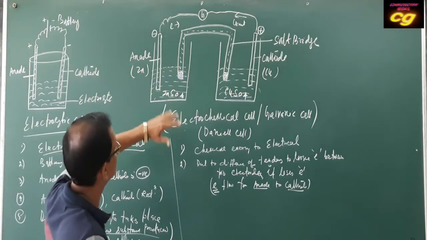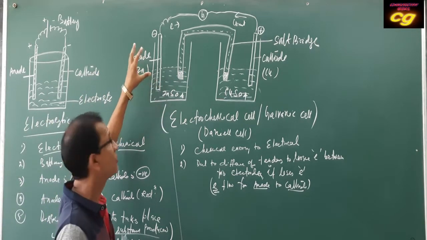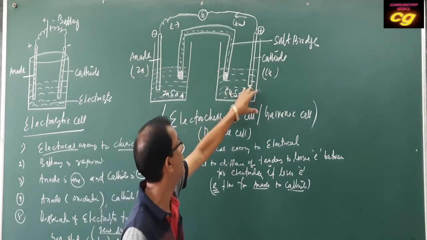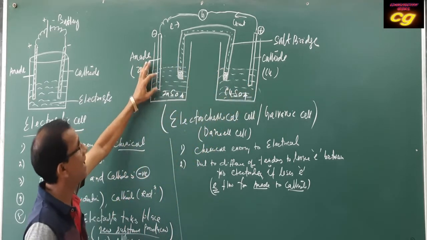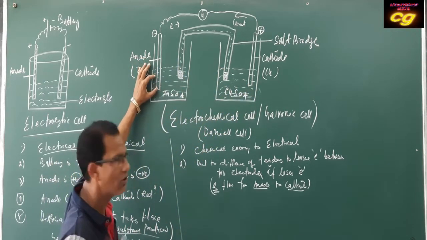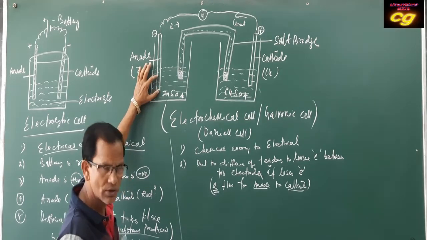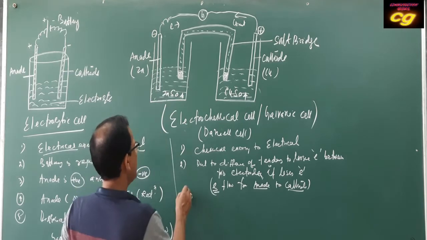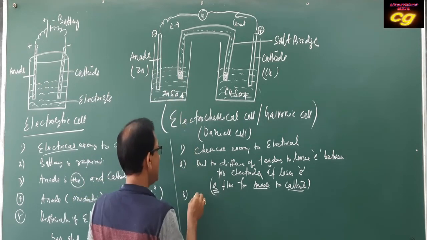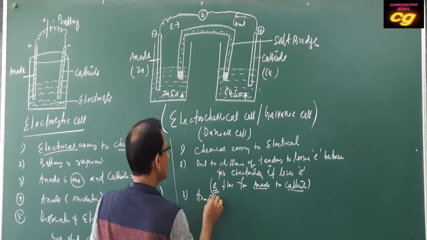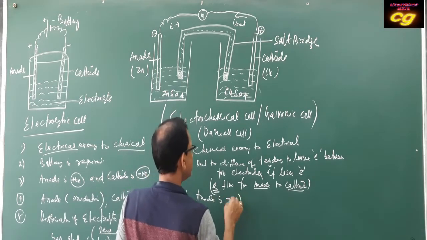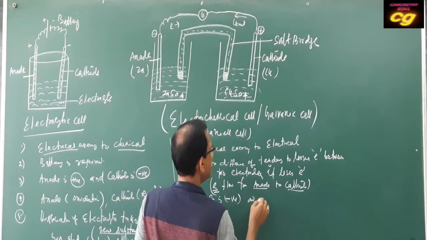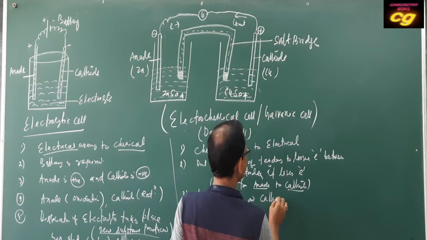This reaction takes place over the anode and cathode. As zinc is losing electrons, as zinc is a source of electrons, that's why it is negatively charged. So in an electrochemical cell, the anode is the negative electrode. Anode is negative and cathode is positive.